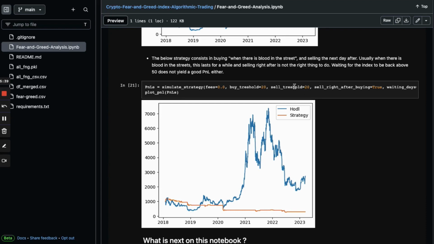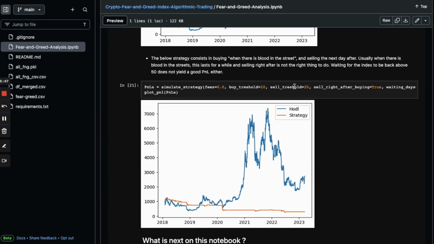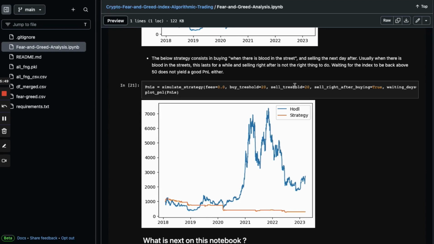This is just like a random thing which actually does not make sense, but the idea here will be mostly for you to play around with this threshold and to see that there is overall a trend.